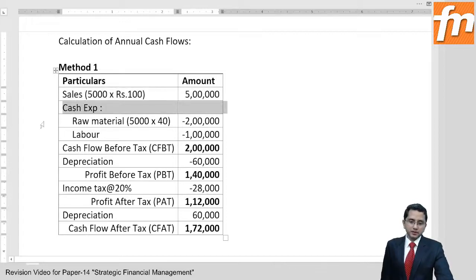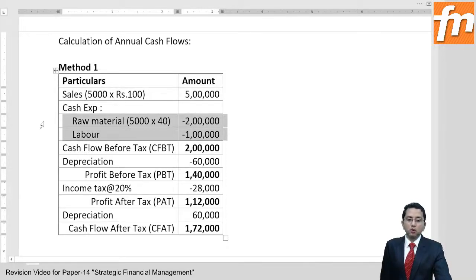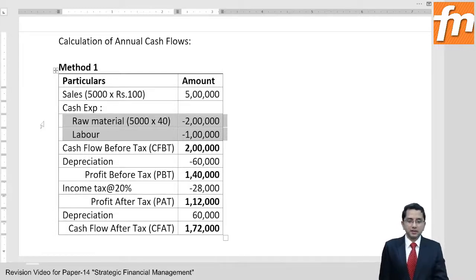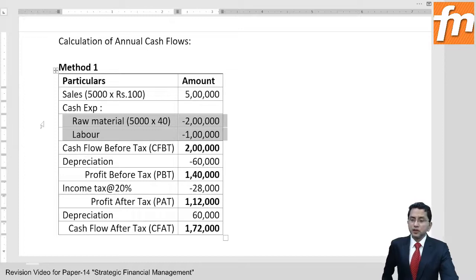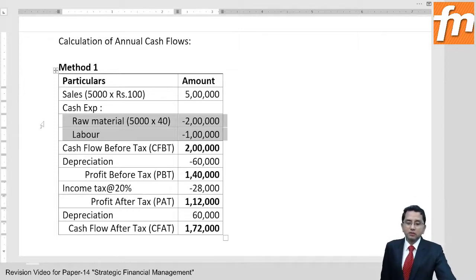Then cash expenses. The cash expenses may be broken down into various parts like fixed expenses versus variable expenses, or raw material, wages, factory overhead, administrative overhead, selling overhead, distribution overhead, or individual titles like payment of salary, payment of factory rent, payment of advertising cost, etc. So in a question, they can give you in any name, you need to identify what are your cash expenses.